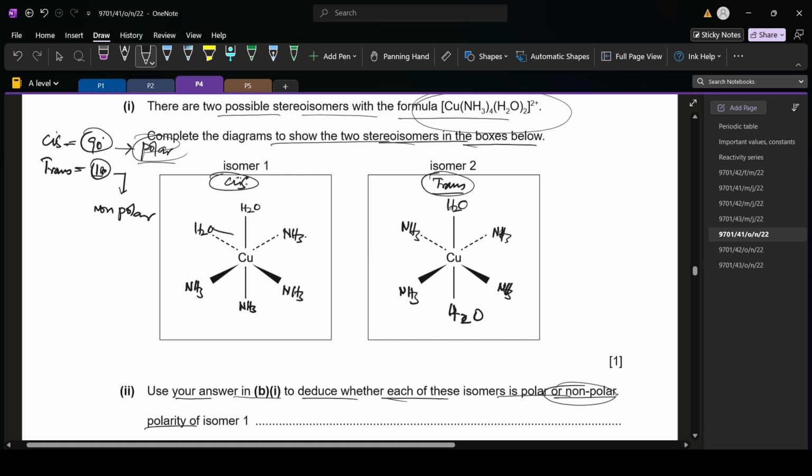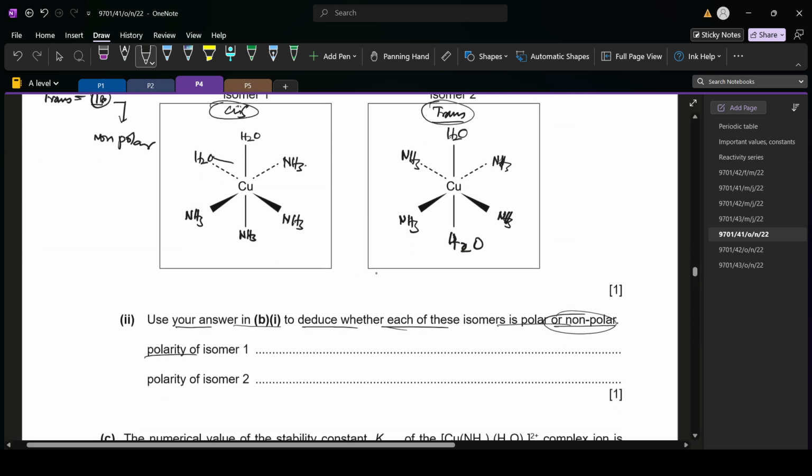So isomer 1 is a cis isomer, so you can write it as polar, and trans as non-polar.